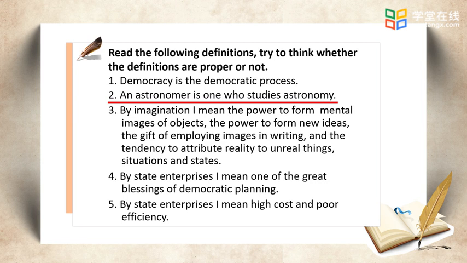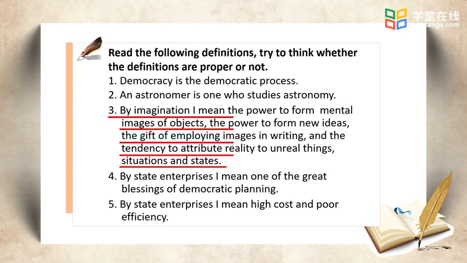The same mistake occurs in the second sentence when the writer tries to define astronomer by the same rooted word, astronomy. In the third sentence, the author is trying to define imagination by presenting a long list of abstract synonyms of this word, such as the power to form mental images, the power to form new ideas, the gift to employ image, and the tendency to attribute reality.